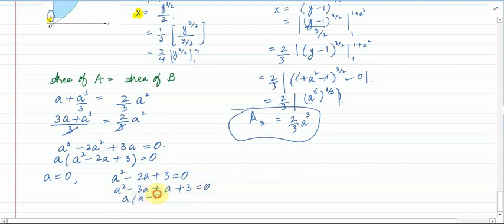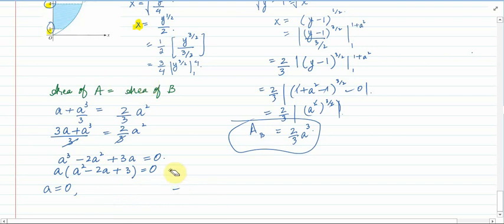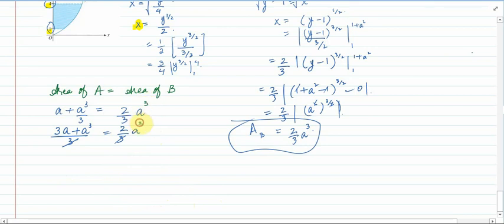Alright, so there is one mistake here, that it's 2 upon 3 a cube, and I have written 2 upon 3 a square, so I need to correct it. Alright, it's not a square, it's a cube. 2 upon 3 a cube, that is my area B.